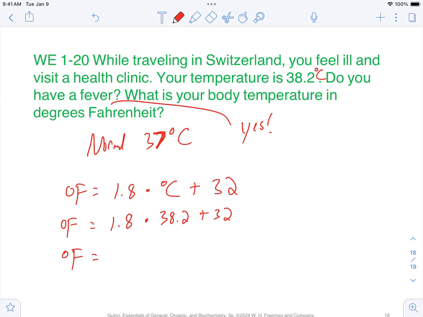Sig figs, looks like we need 2 of them. So I get 100.76.